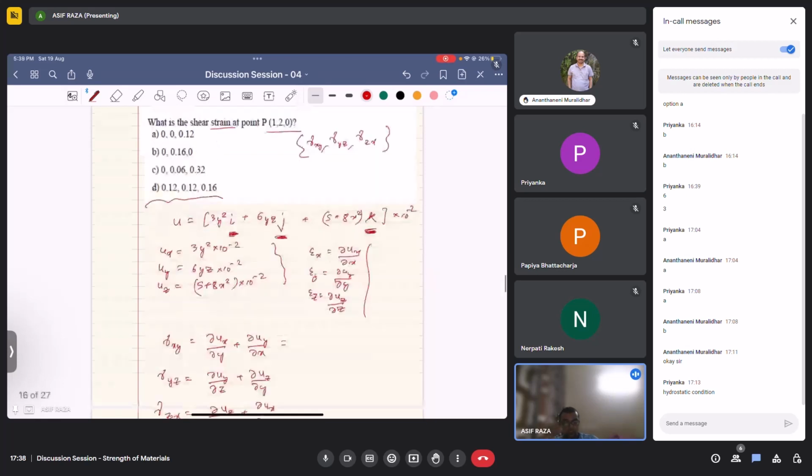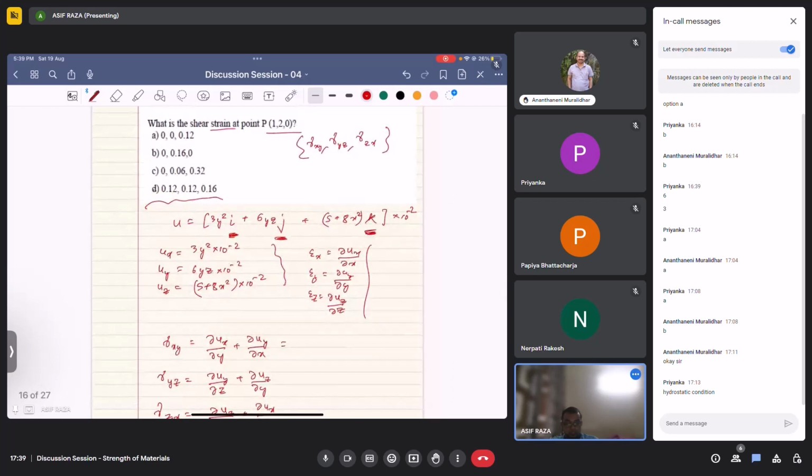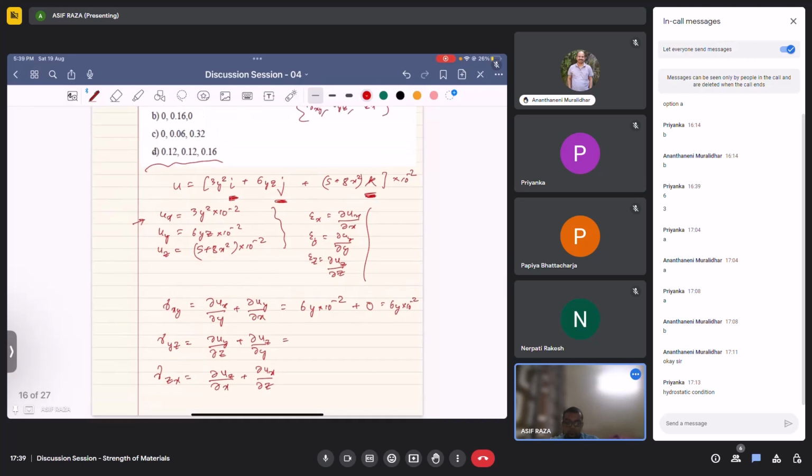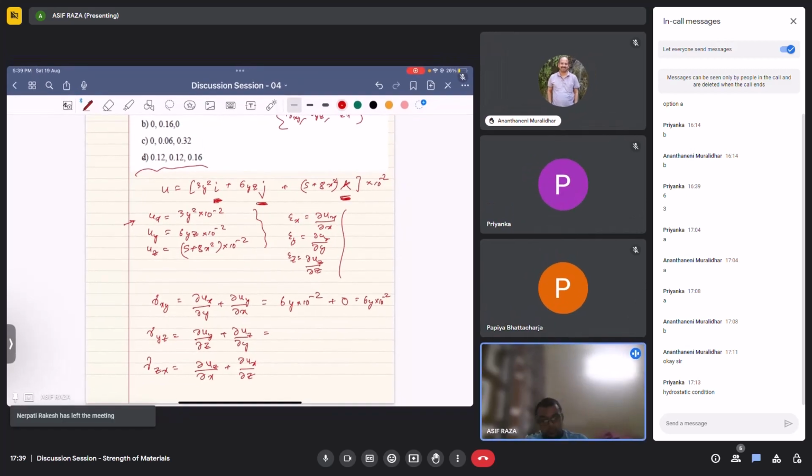Okay, let's solve this. So what would be dou ux upon dou y? This would be equal to 6y into 10 power minus 2, and dou uy by dou x is 0 because it's just a function of y and z. So gamma xy is equal to 6y into 10 power minus 2. What would be gamma yz? Gamma yz is dou uy upon dou z.